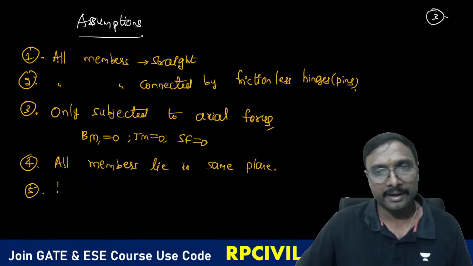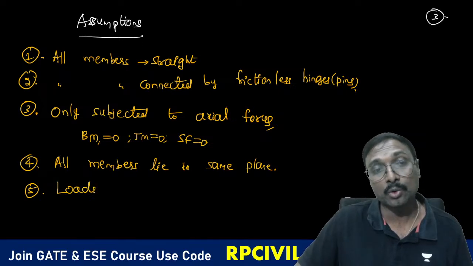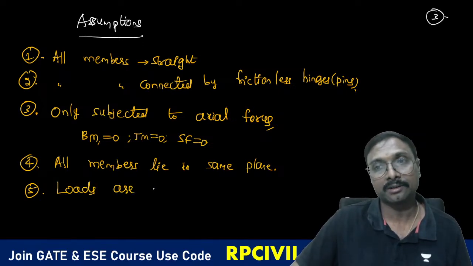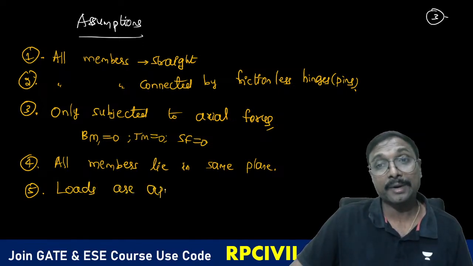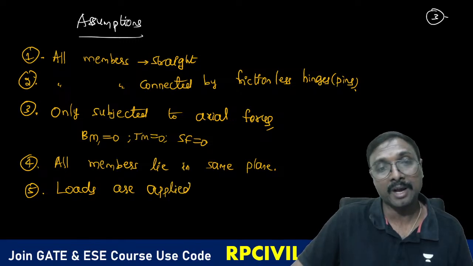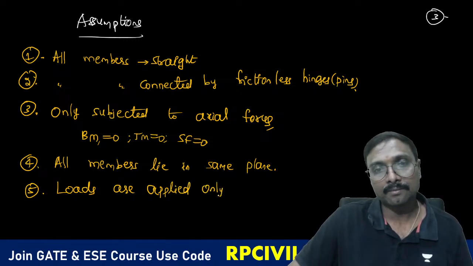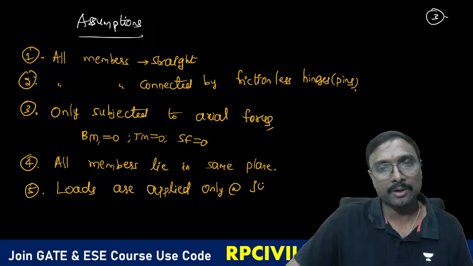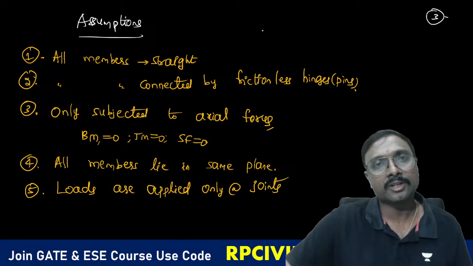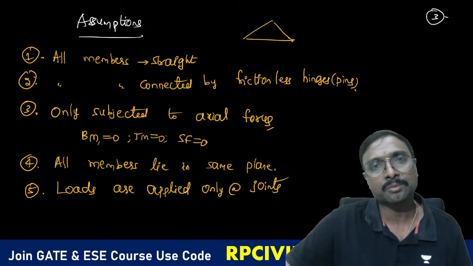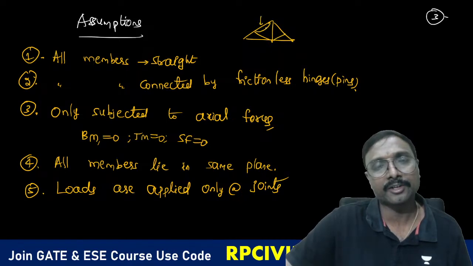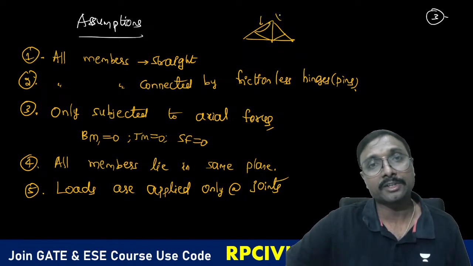Loads are applied only at the joints. Why are loads applied only at the joints? If loads are applied at some other place in the member, what will happen? Suppose this is your truss member and the load is applied at this place, it will be subject to bending moment, so that's not preferred.